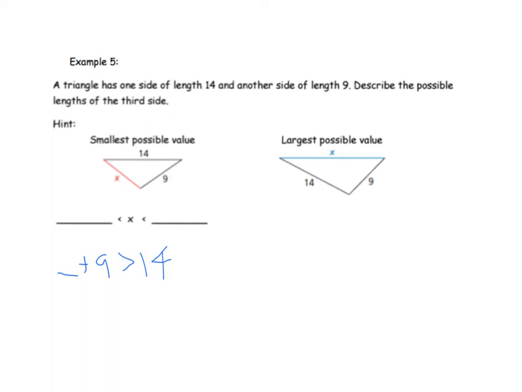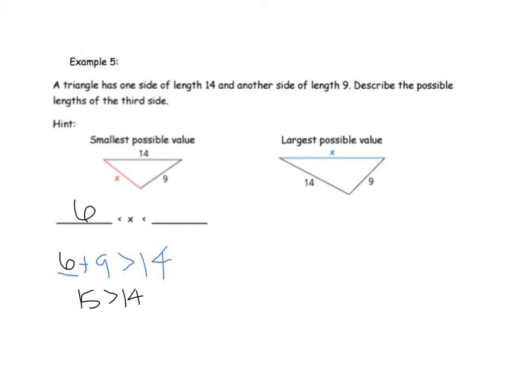Well, if you say 5, 5 plus 9 is exactly 14, and we can't have that. So we'd have to go up 1 and try 6. 6 plus 9 is 15, and 15 is greater than 14. So the smallest possible answer is 6.